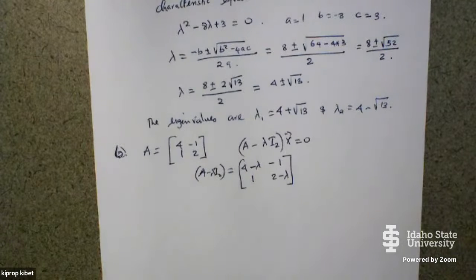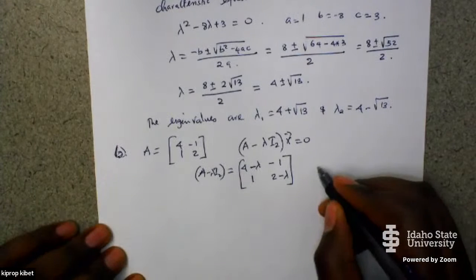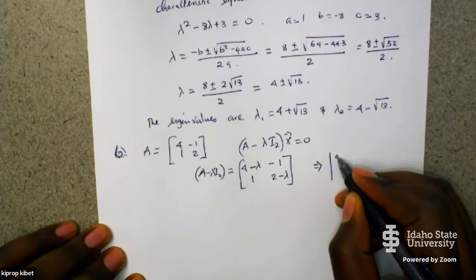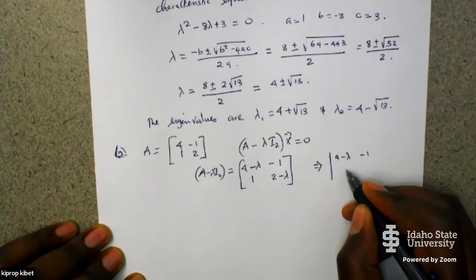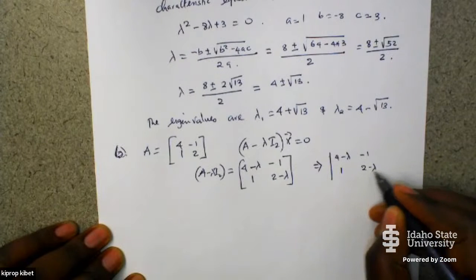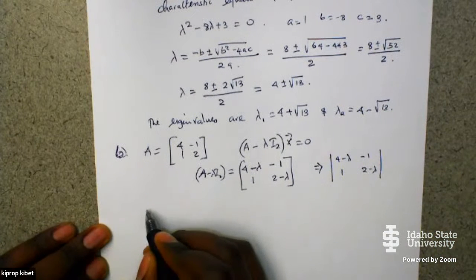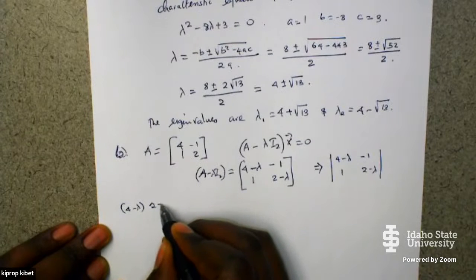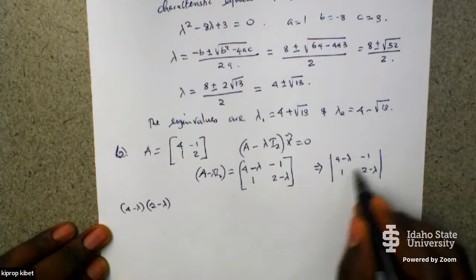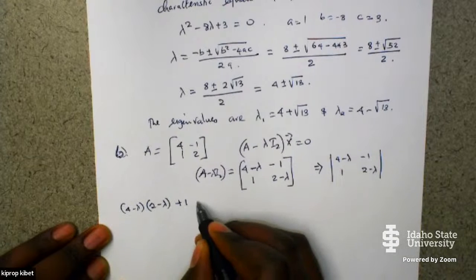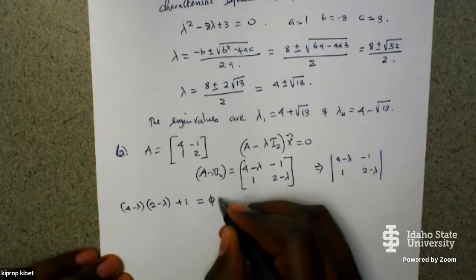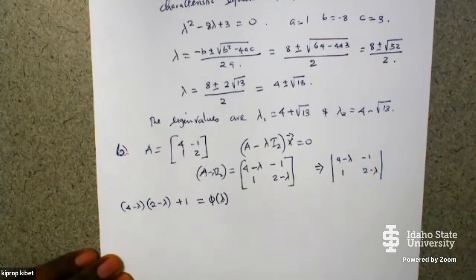And then now we get a determinant. What is the determinant of 4 minus lambda, minus 1, 1, 2 minus lambda? We get 4 minus lambda times 2 minus lambda, and then the other one is plus 1, equals 0. So this is our characteristic polynomial.